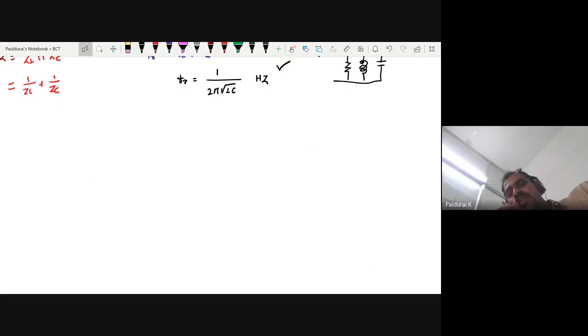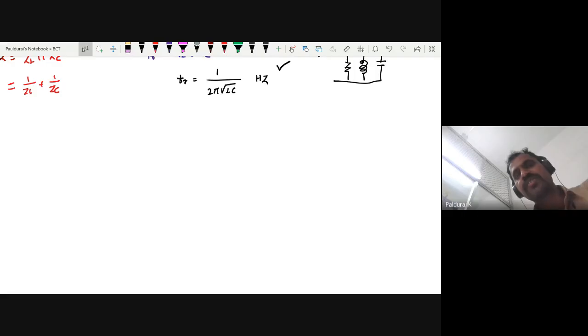This time it is full and full MCQ, so there is a huge probability. Any circuit may be given, and by seeing the circuit diagram itself, you want to write the resonance frequency formula. So that much practice is needed.